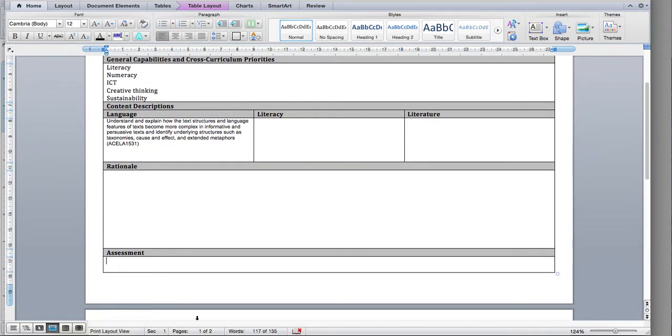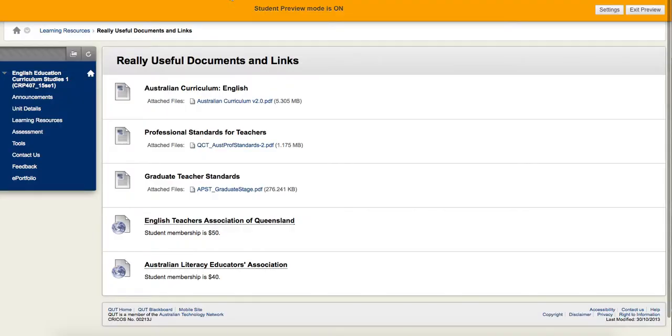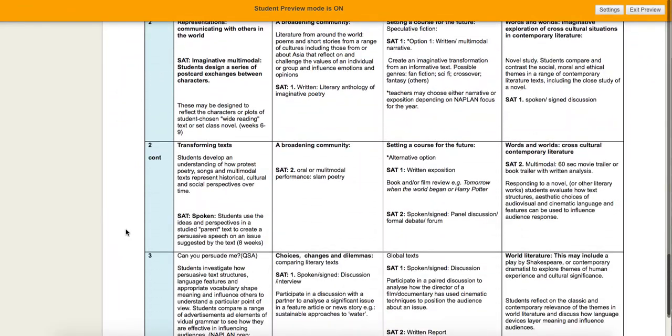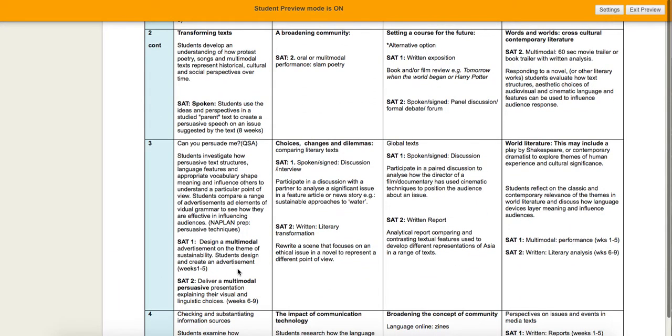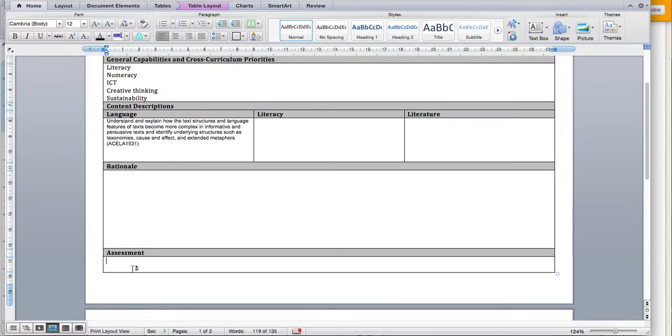The assessment is something that you cover more in later English curriculum subjects, not so much 407. So for the purpose of this unit plan, all you need to do is go back to the work program and copy and paste from here. Okay. So it's a multimodal advertisement on the theme of sustainability.